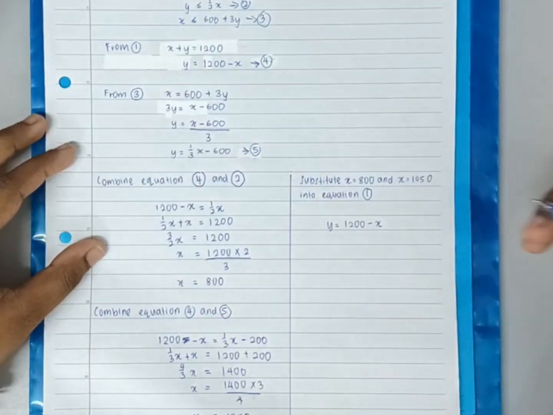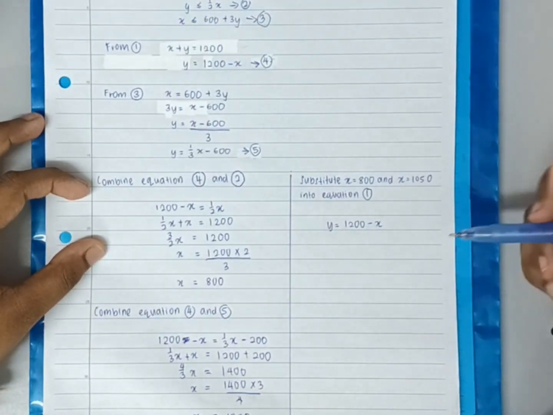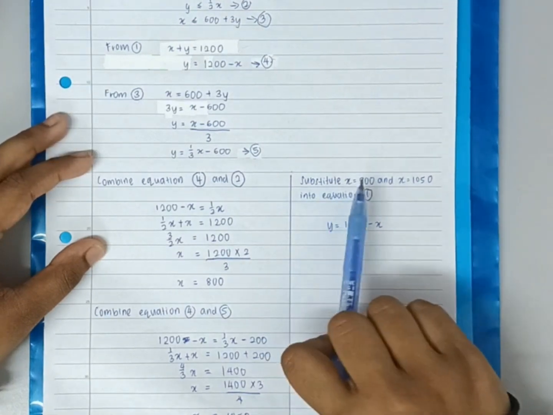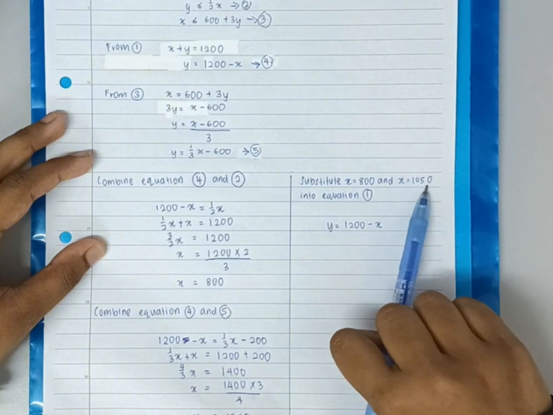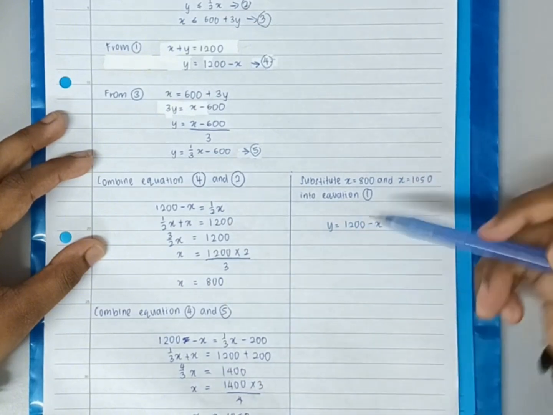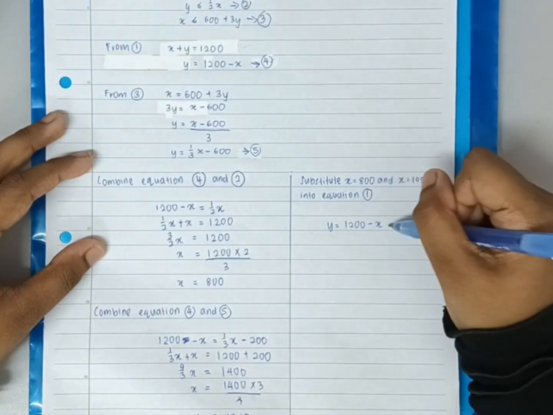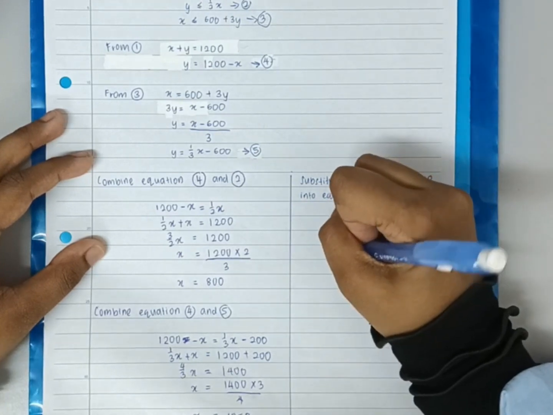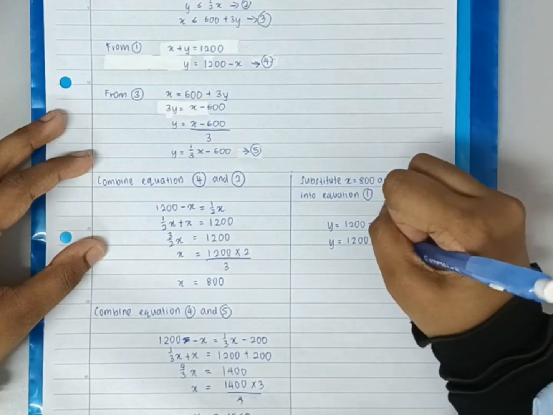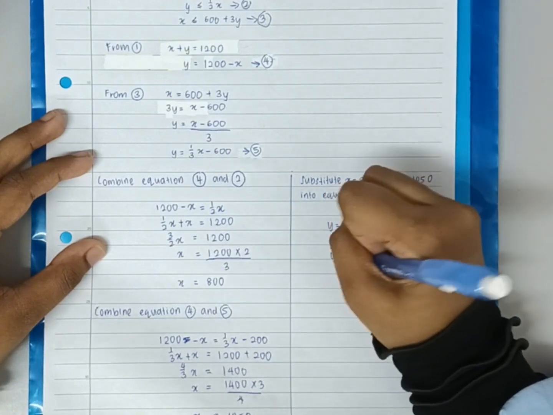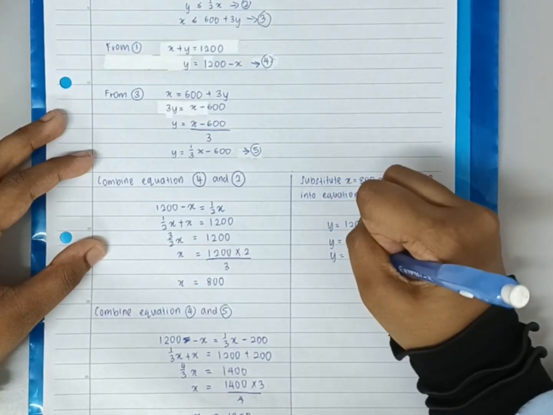Next, to find the y value, we will need to substitute x equal to 800 and x equal to 1,050 into equation 1. This is equation 1. So y is equal to 1,200 minus 800. Y is equal to 200.